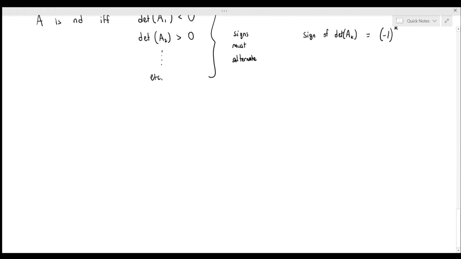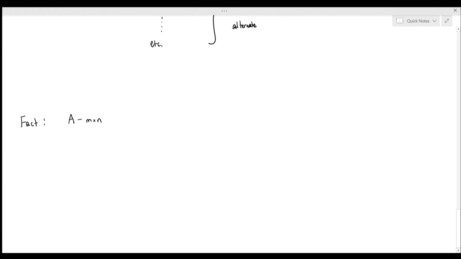All right, now let's see here. So I'm going to talk about the Cholesky factorization, but before I do that, I'll just state one fact which will tie into the singular value decomposition when I talk about that later. So let's say I have some matrix A. It doesn't even have to be square, so it could be any size m by n.